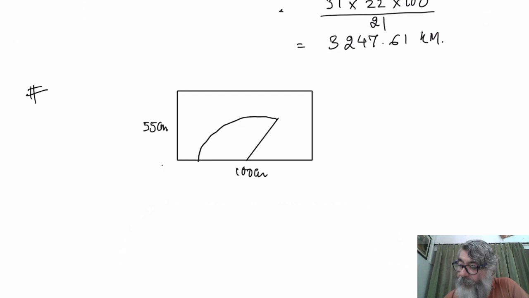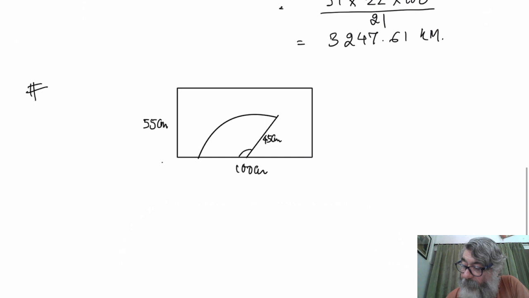This is 45 centimeter. The angle at the center is 8 pi by 9. The diagram shows a windscreen, ABCD, and this is the wiper which has been shown.